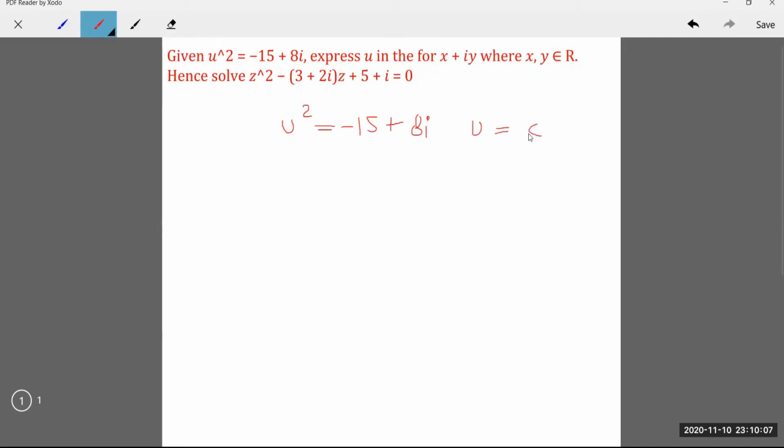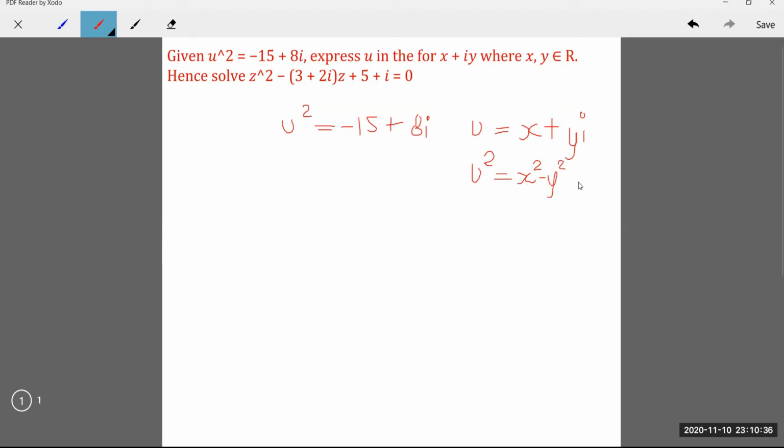So if we square this side, we're going to get that u squared is equal to (x plus yi) all squared. And we had already worked out that (x plus yi) all squared is x squared minus y squared plus 2xyi.